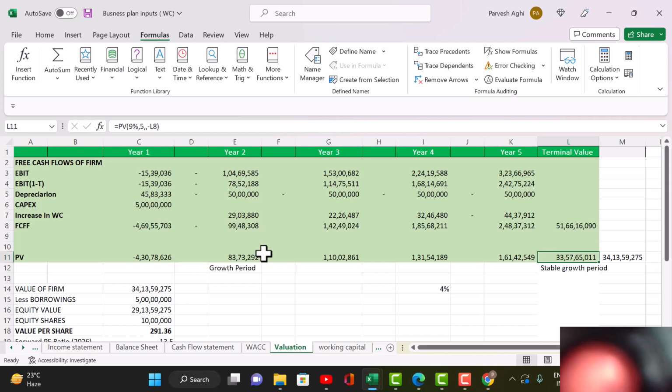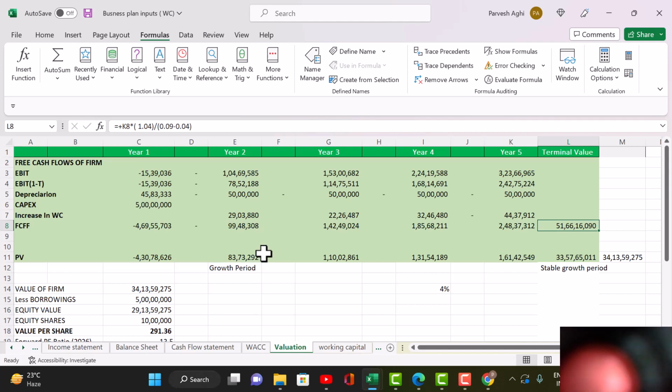What I have assumed, 4%. It is here. What we do, we take the cash flow of the last year, which is this K8, ये figure ले ली हमने, ठीक है. Okay, is that okay? Into 1.04, 4% के हिसाब से बढ़ रहा है every year, divided by the cost of capital, WACC 9%, minus the growth.